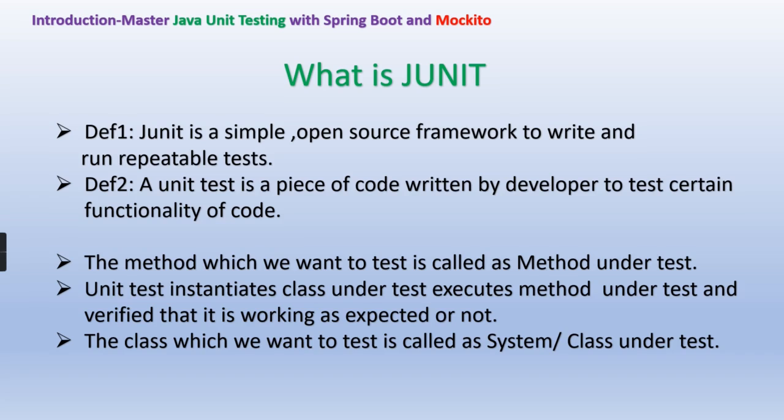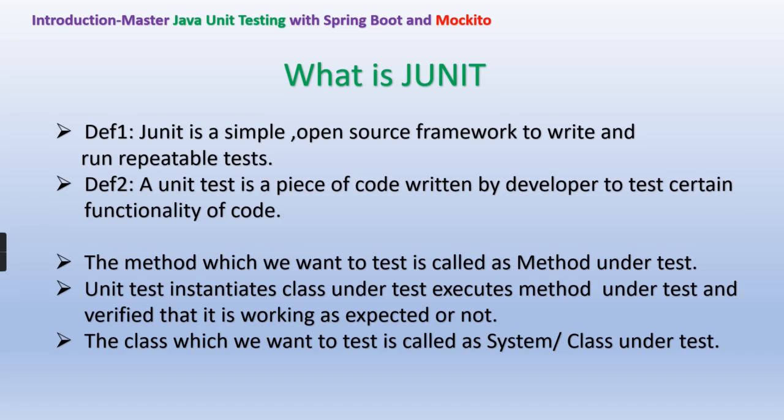We can test expected values, or sometimes we are expecting an error or erroneous way we can test it, or sometimes empty fields we can test. So n number of ways we can test. That is the reason it is a repeatable test.